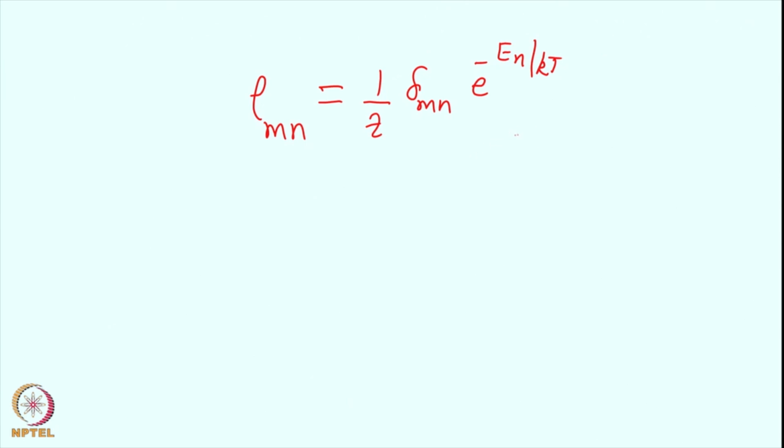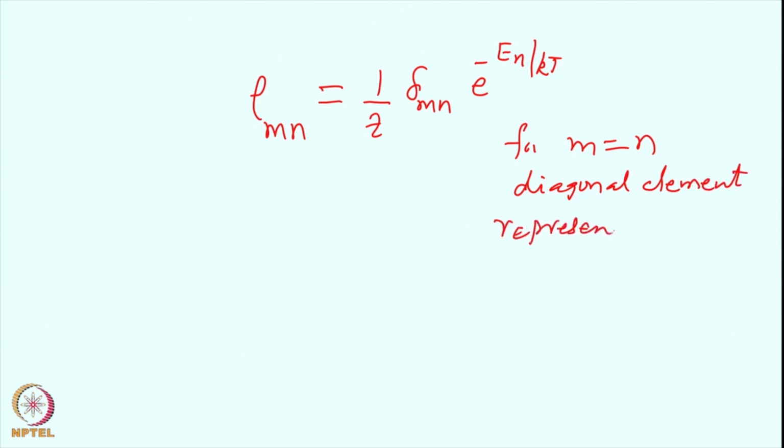For m equal to n, this is the diagonal element, and this then will represent the populations. Off diagonal elements are 0 at thermal equilibrium, that is, 0 for m not equal to n.